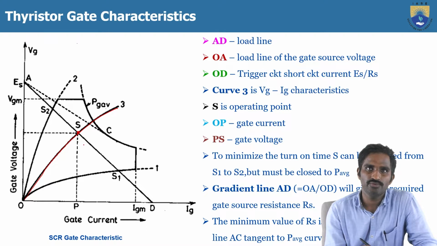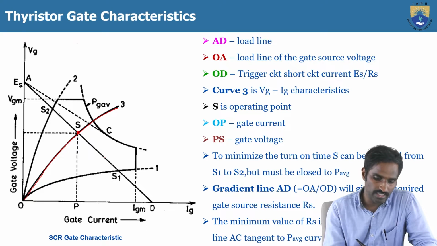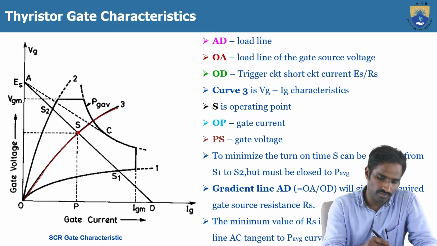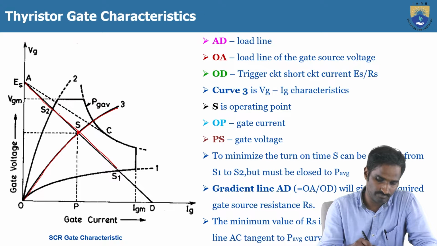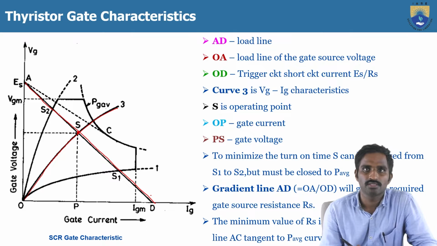Now let me draw a line through the point S. Let me call that line AD. This is the load line, also called the load line of the gate source voltage.